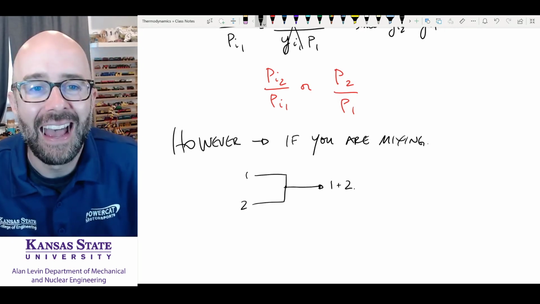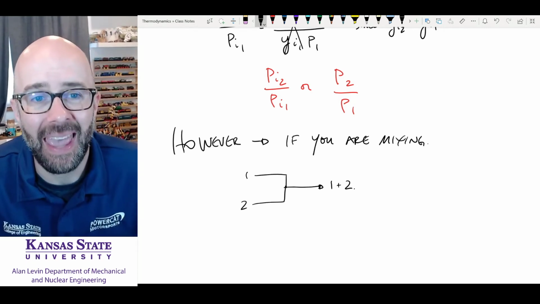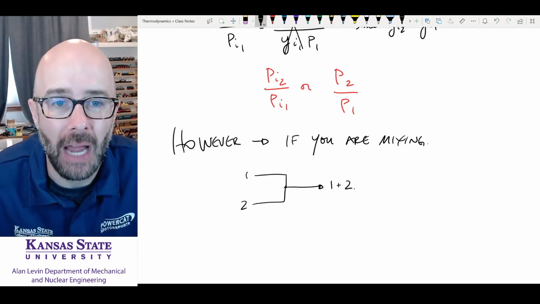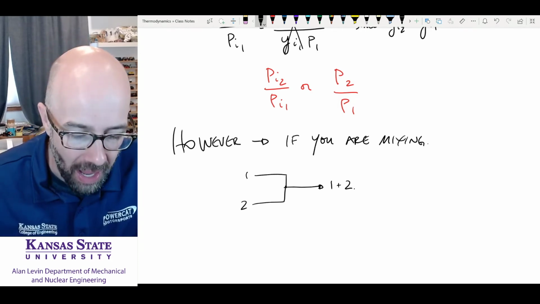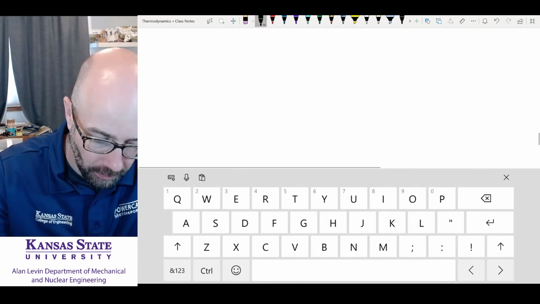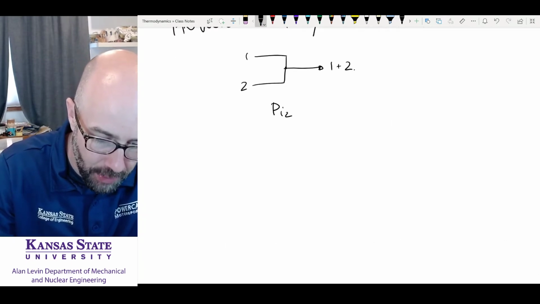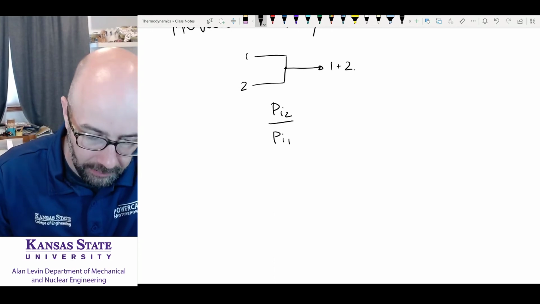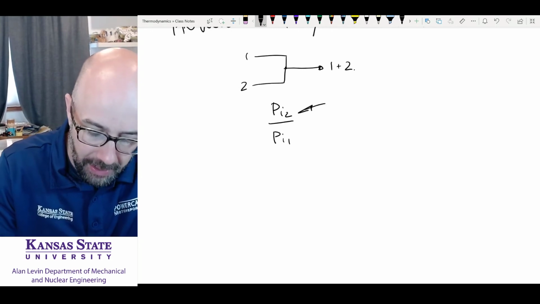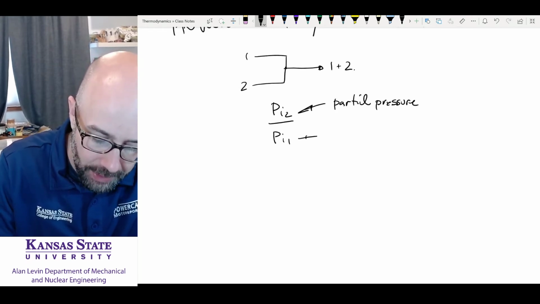So you have nitrogen and oxygen coming in, and they're coming out as a mixture of nitrogen and oxygen. Now what happens here is you're going to have to say, when you're doing pressure Pi2 over Pi1, this one is going to be the partial pressure. And this one is just going to be the pressure.